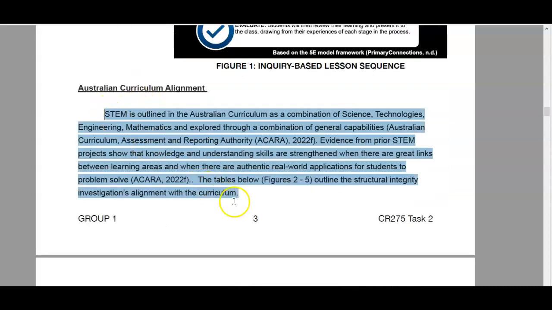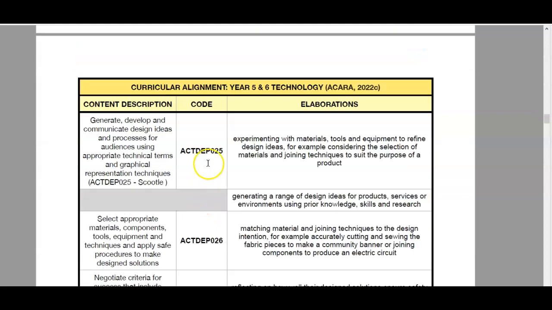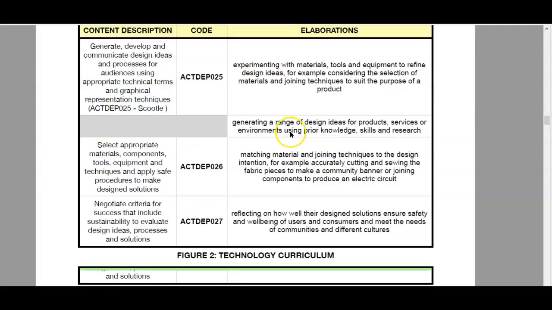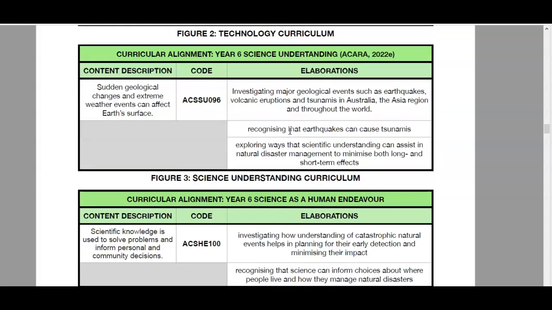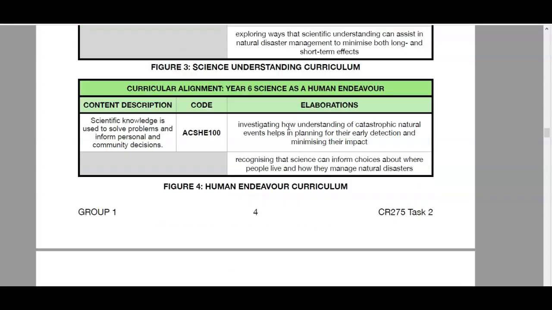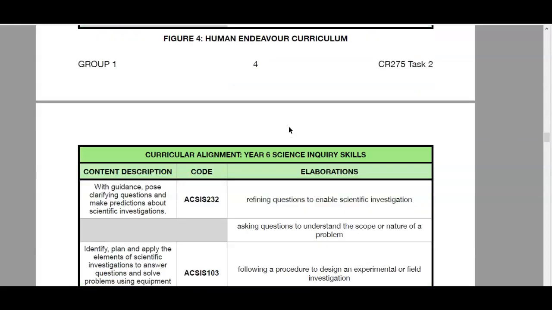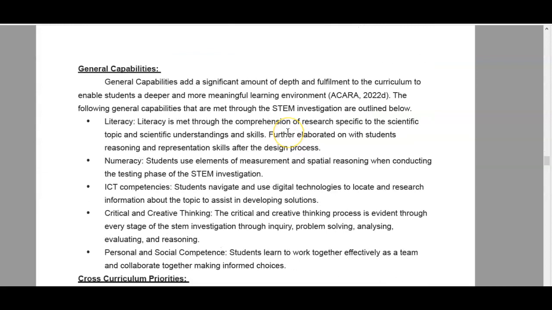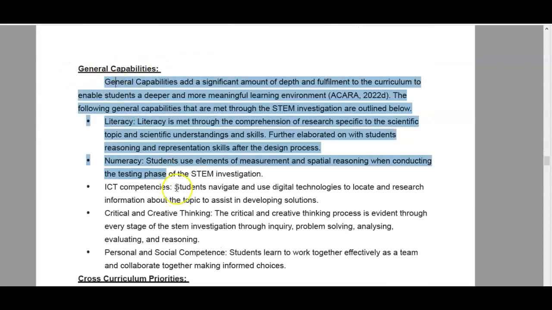Here's the curriculum alignment, and they've actually gone probably more than you need, but here's even more information about it. So it's really clear that you've got your science, technology, human endeavour, so the sub-strands of science and technology, and great, even general capabilities.